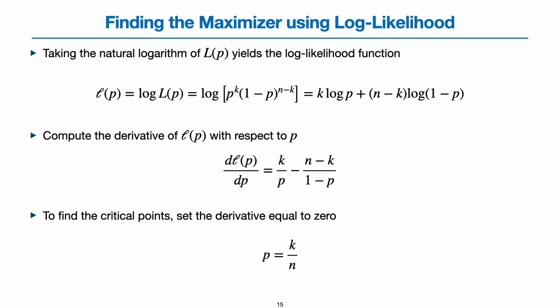So in this case, what's happening is that I get this log of p to the k, and because k is an exponent, if I take the log, based on what we know from calculus, we get k times log of p, plus n minus k, which is again the exponent, times log of 1 minus p. And now, like before, you take the derivative with respect to p, set this equal to 0, and that gives you the same sample mean.